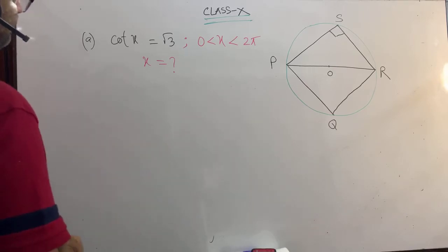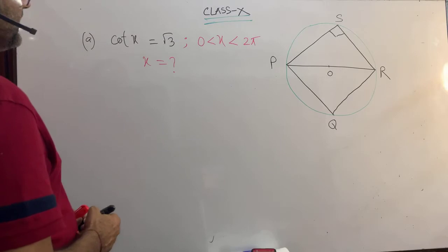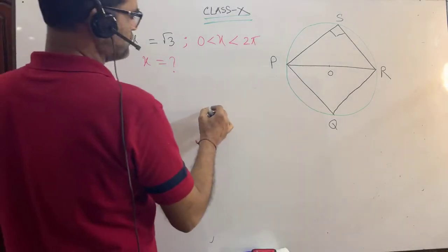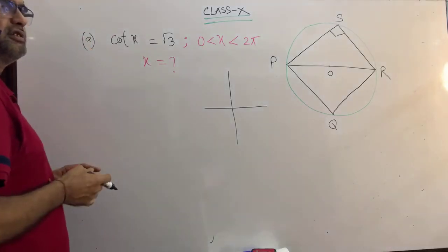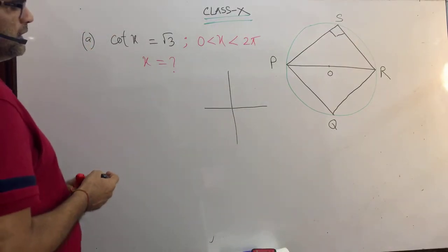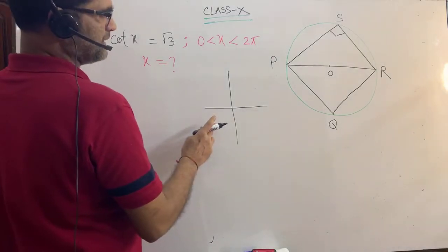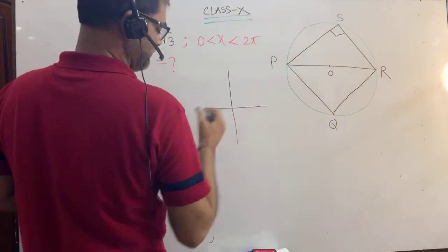Now you see, dear students, cot x equals root over 3. Cot, that means its inverse is tangent, right? So here tan is positive, that means cot is positive.